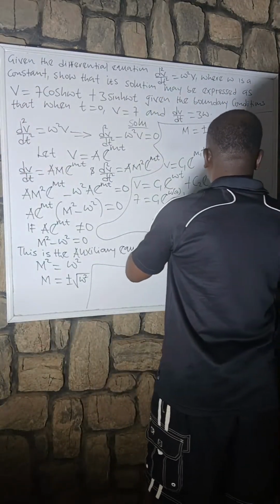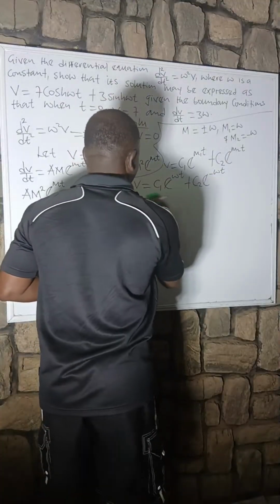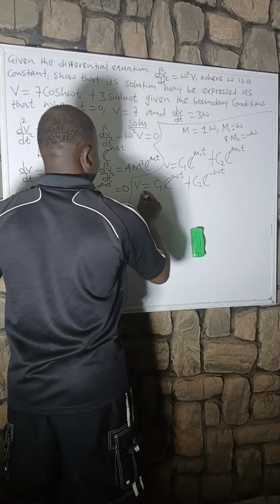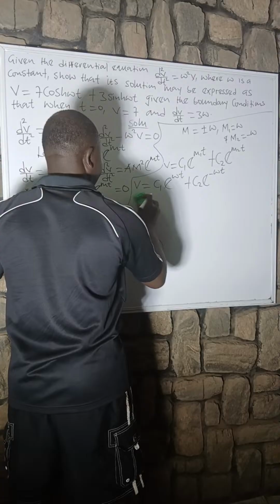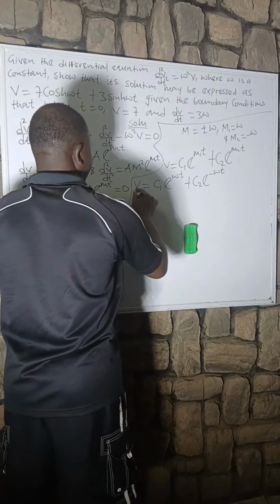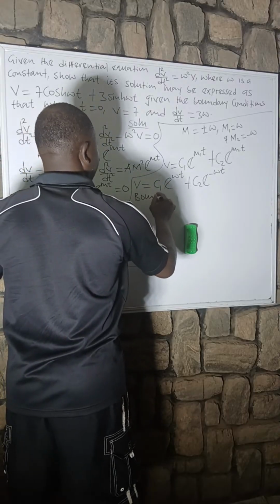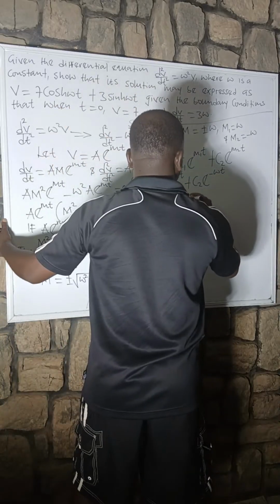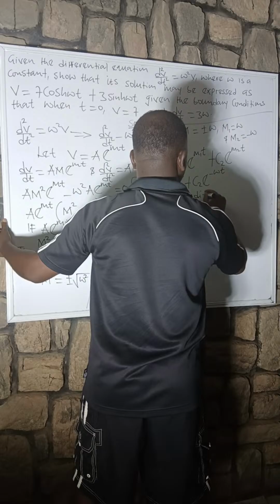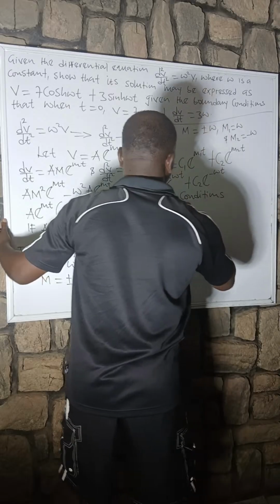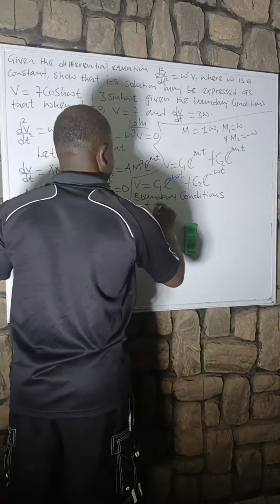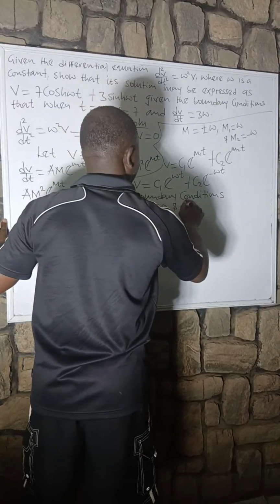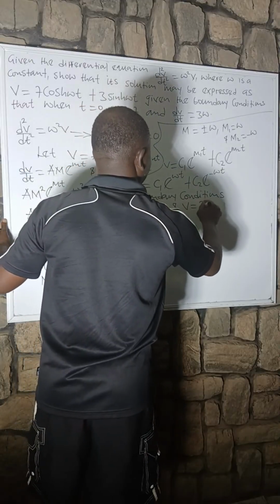Okay, let me just write out the boundary conditions first. Given the boundary conditions, we have t equals 0 and v equals 7.